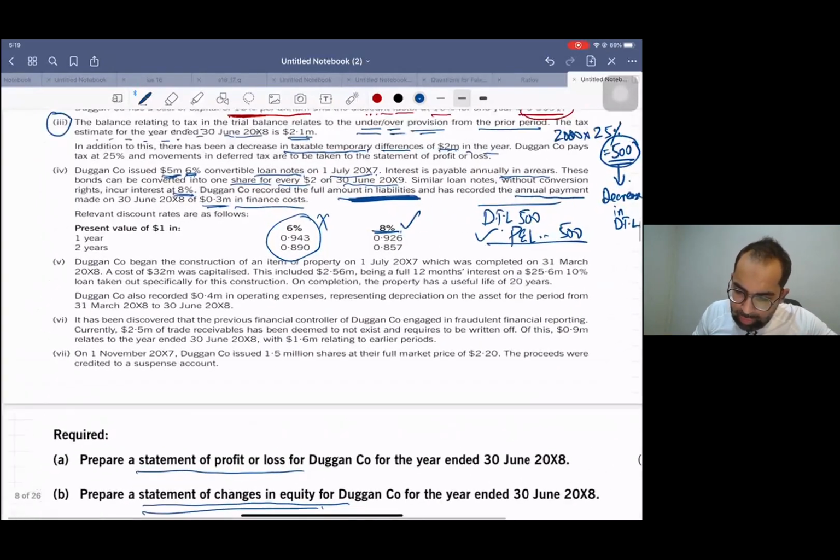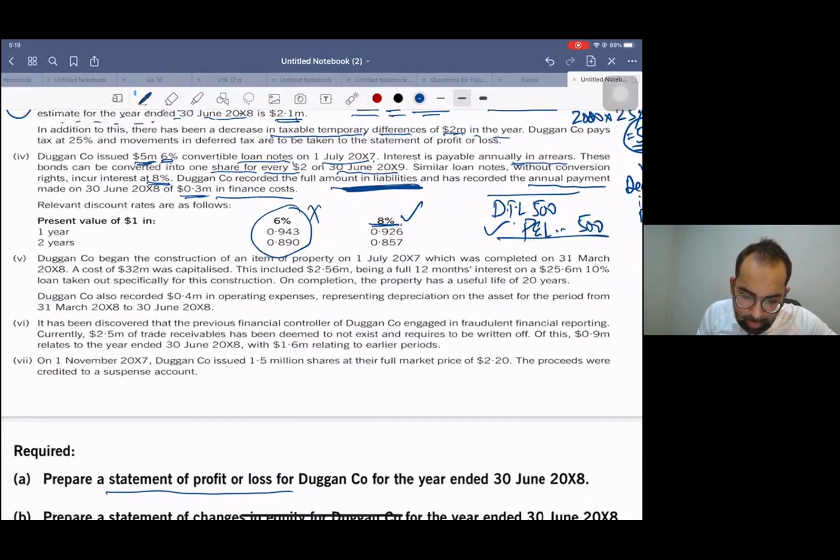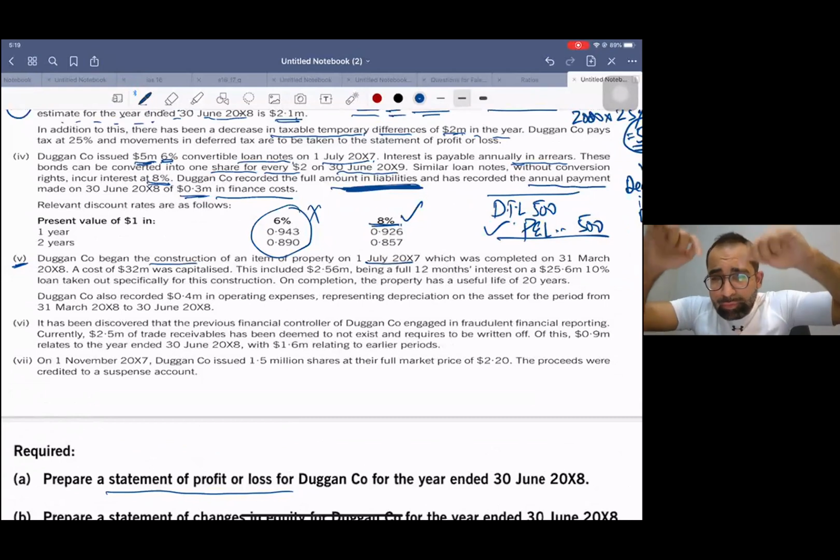Dugan Company began the construction of an item of property on 1st of July, the very first day of your accounting period. So the conditions of capitalization of interest have been met.